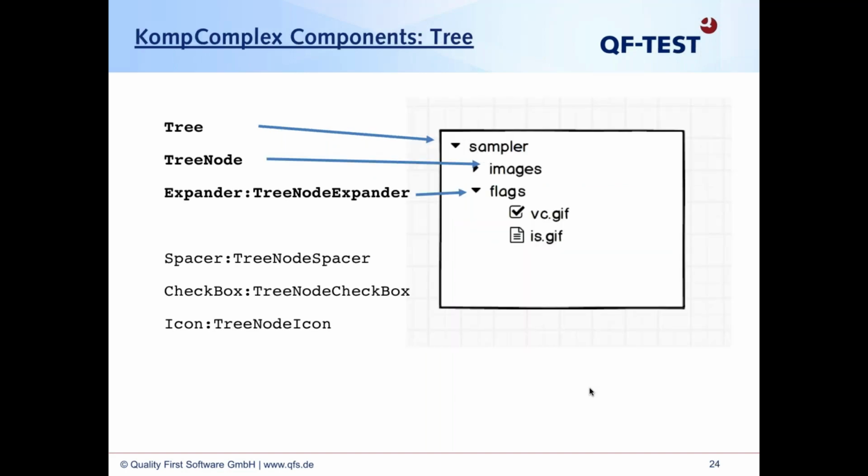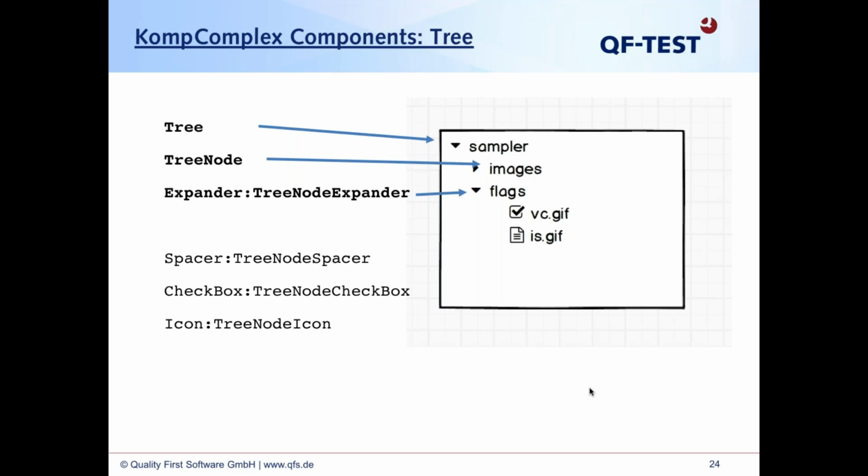And then there are the trees from my example in the beginning, where we have a kind of hierarchical information structure, which consists of the container tree and the tree nodes, so the elements to see, probably again with checkboxes and icons. And then, very important for a tree, there is the expander to show the content of a subtree, so of an element.